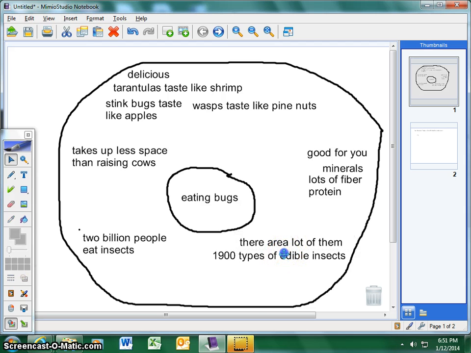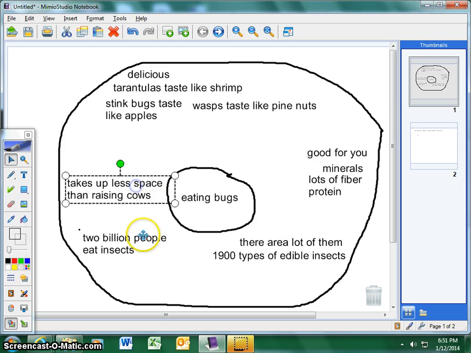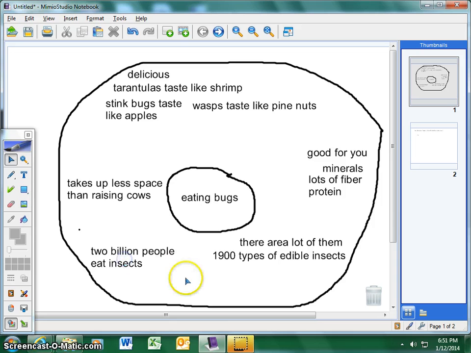There are a whole bunch of them, and this is how many different types we have. This is talking about how they're good for the environment, and this is 2 billion people eat insects. Now, I don't think these go together. So there's 2 here, 3 here, maybe almost 4, and then a few here.